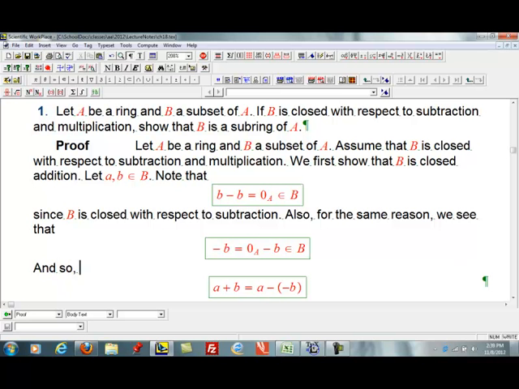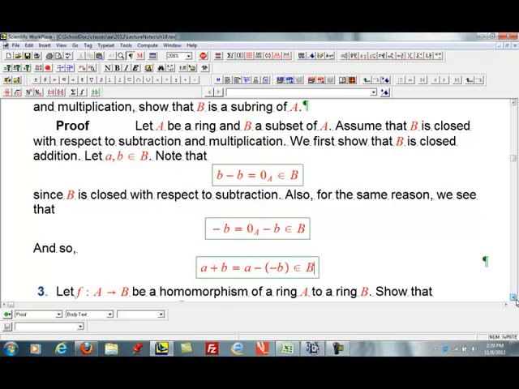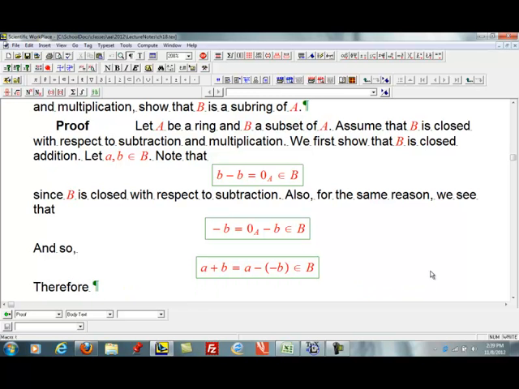Now we can look at A plus B, which is A minus negative B, and it lives in B because B is closed with respect to subtraction. So I know that A plus B is in B. What's our conclusion for that little part? Therefore, B is closed with respect to what?